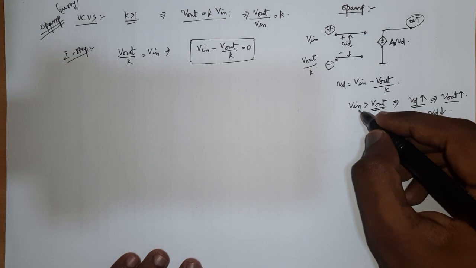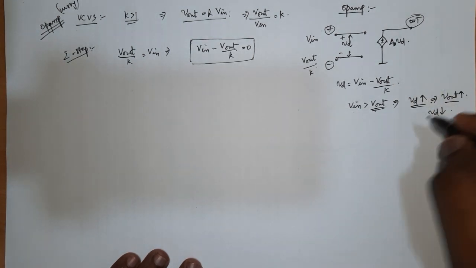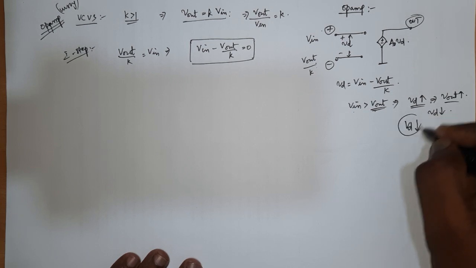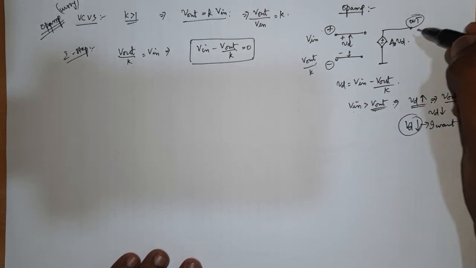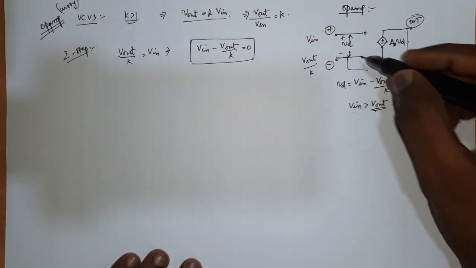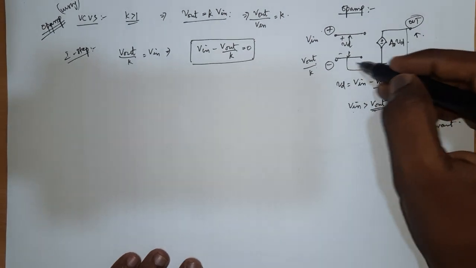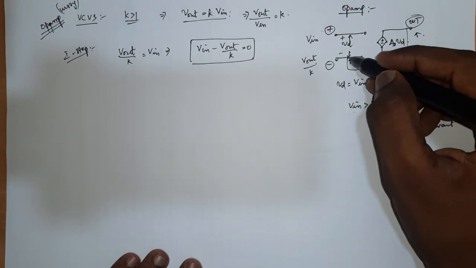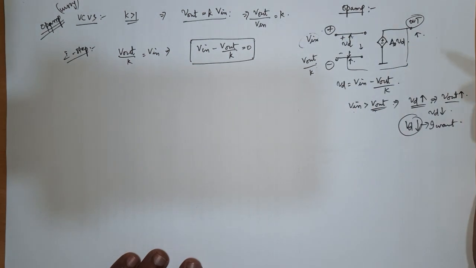Eventually Vin is greater than Vout, so I see that my difference is increasing, and eventually I want my Vd to reduce. I would achieve this when I feed back my output to the negative terminal in a way that any increase in the output would increase this particular node. If this node increases, the difference will come down because this is fixed. So that is the idea.